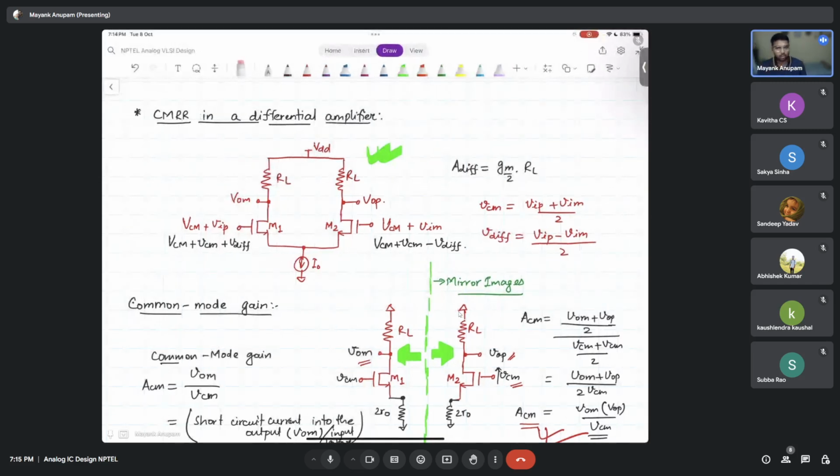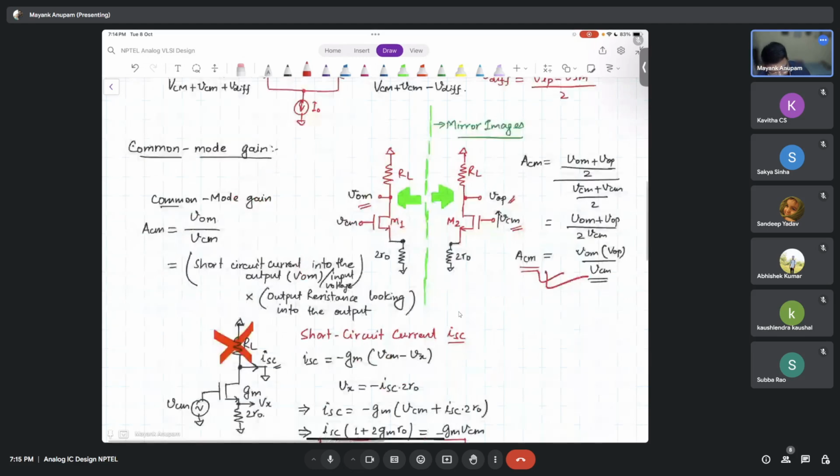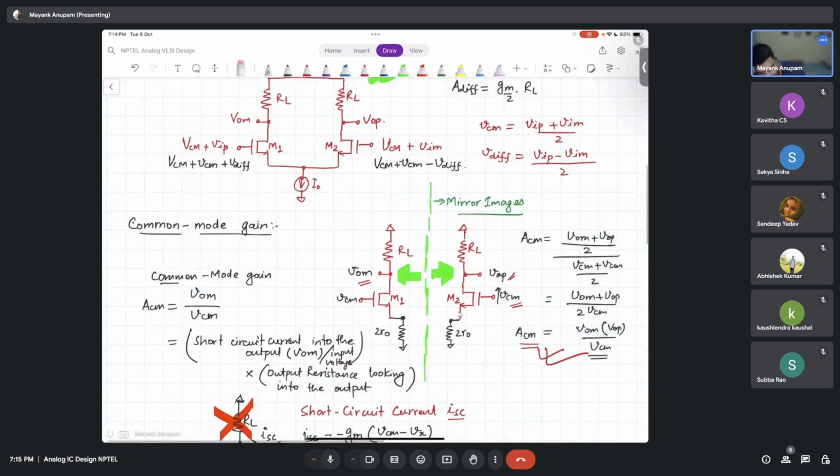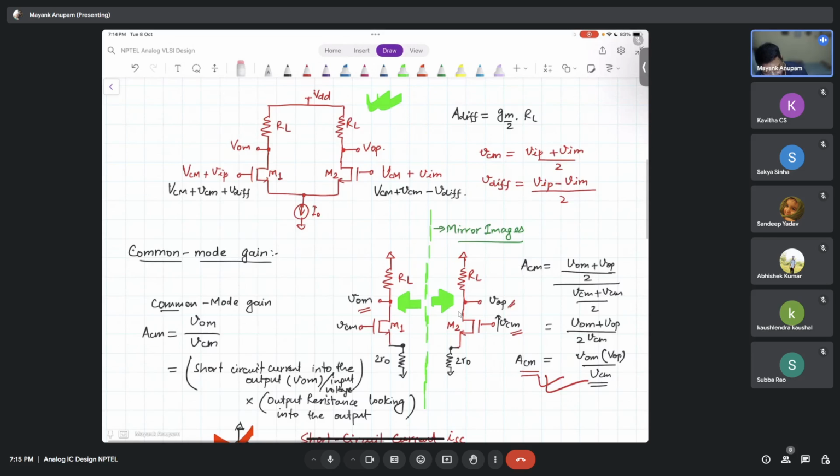When do you expect a common mode gain in the circuit? If you have applied a small common mode at this place and this place, at both the inputs, VCM.